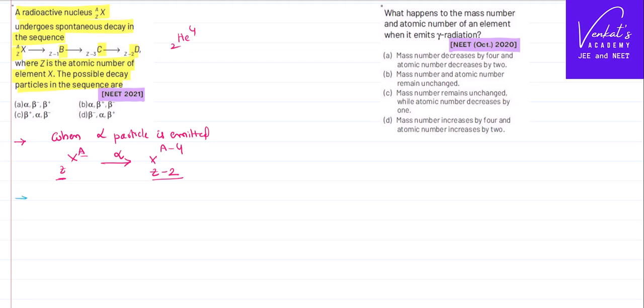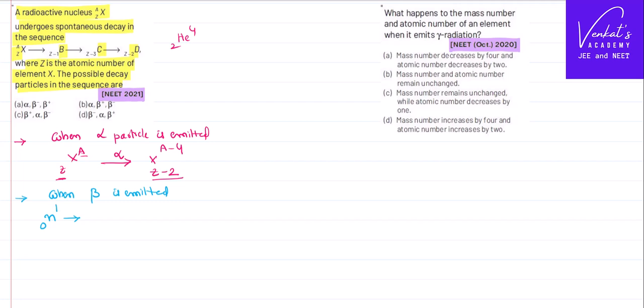Now, when a beta particle is emitted, what do we mean by beta particle emission? Within the nucleus there is a neutron, n(0,1).